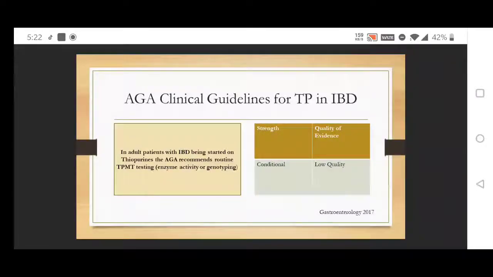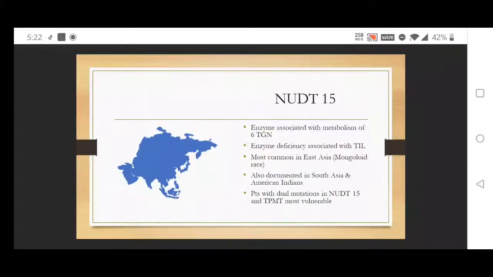But if you look, the strength of the recommendation is conditional, and the quality of evidence is low. And in India, although we are Caucasians, especially in the north, our incidence of TPMT mutations is very, very low, even possibly less than 1%. So most people in India do not recommend that we should go ahead with genetic testing for these patients.